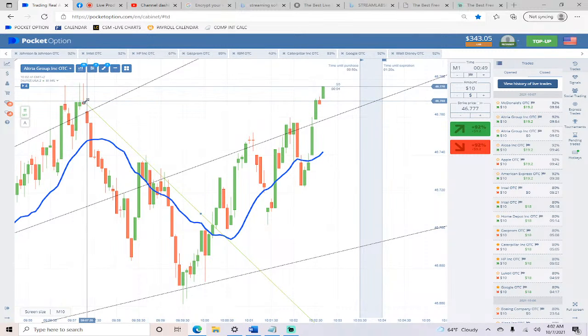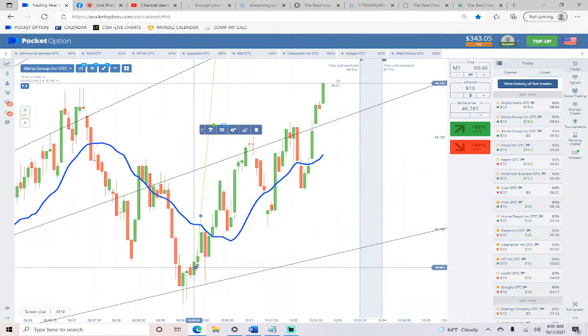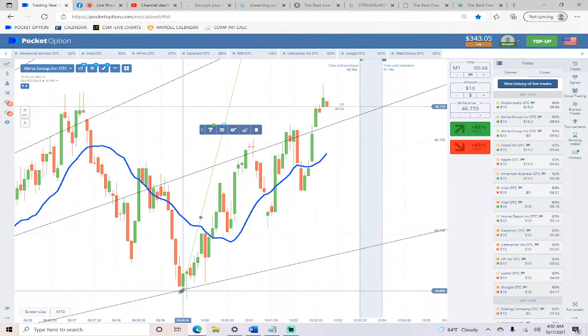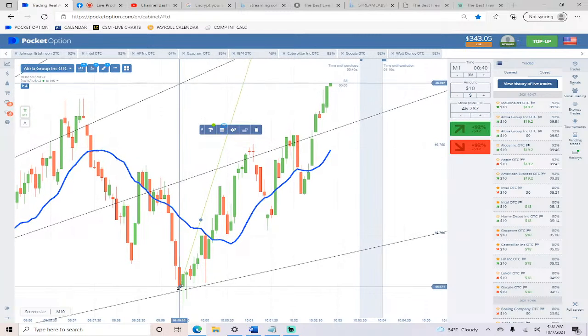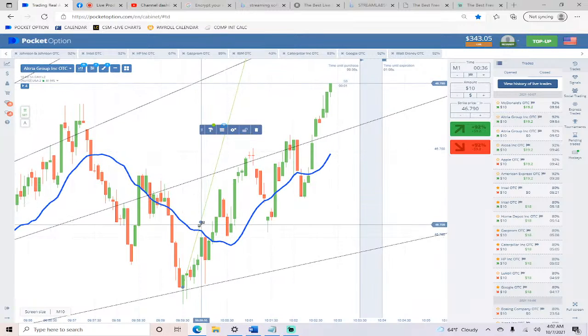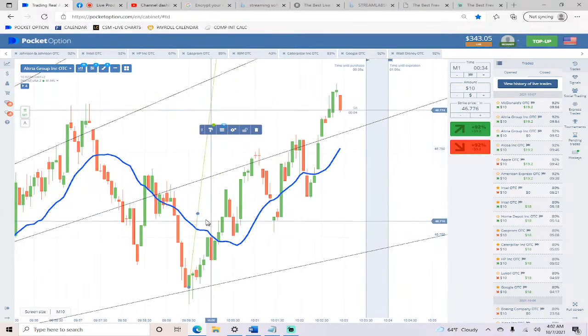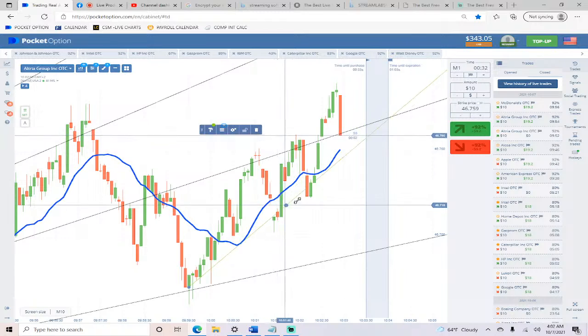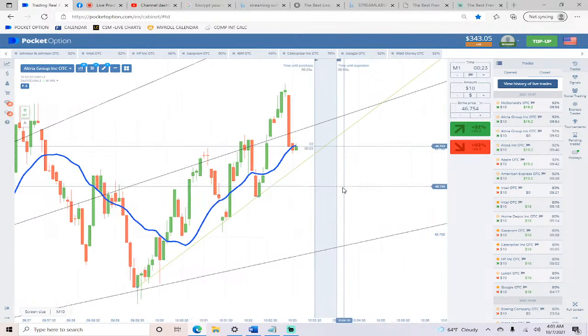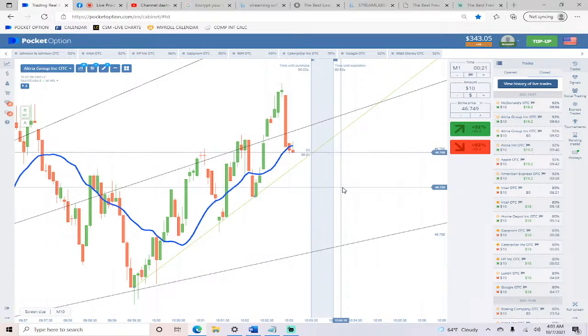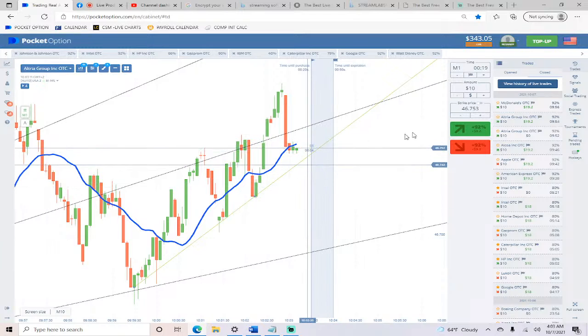Now let's check this out. We'll go to the close. Let's find the closes that make sense. Let's see if we have a put or another call opportunity.